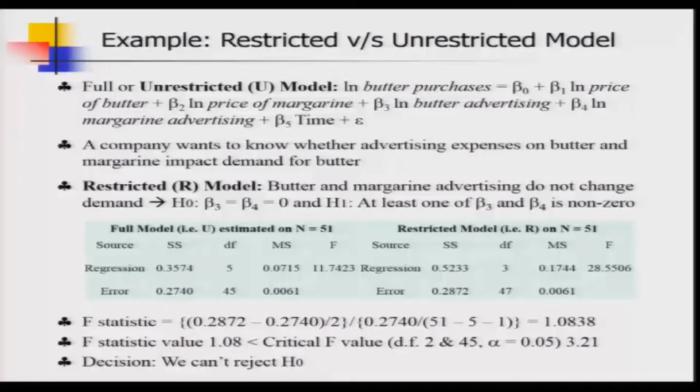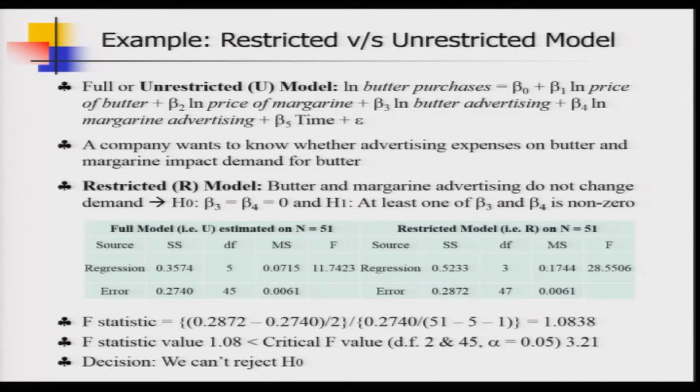So, if advertising expenditures made by the company do not impact the demand for butter, then I have to start by setting the parameters for these advertising expense variables equal to 0, and that is what I am going to do here. If you now concentrate again on the full or unrestricted model, you see the coefficients for the advertisement on butter and advertisement expenditure on margarine are beta 3 and beta 4 respectively.